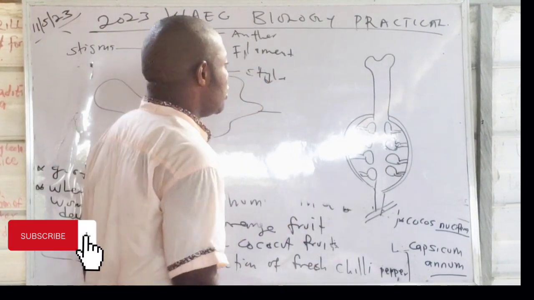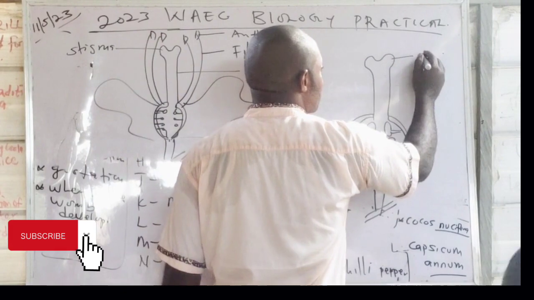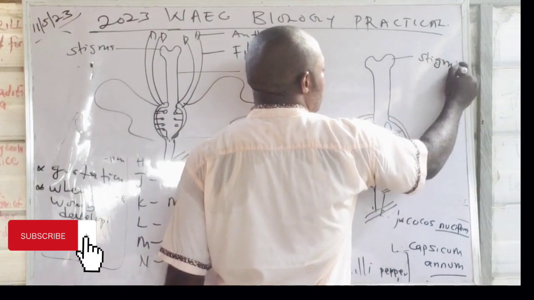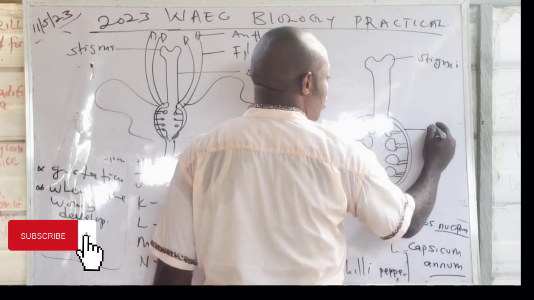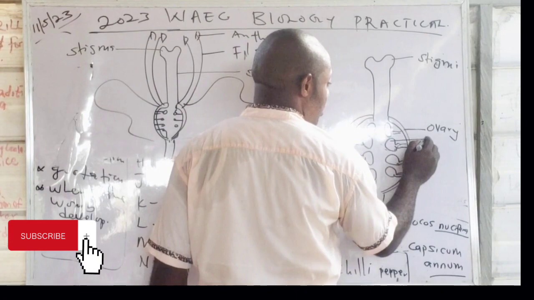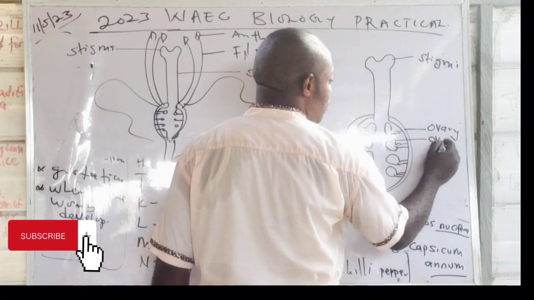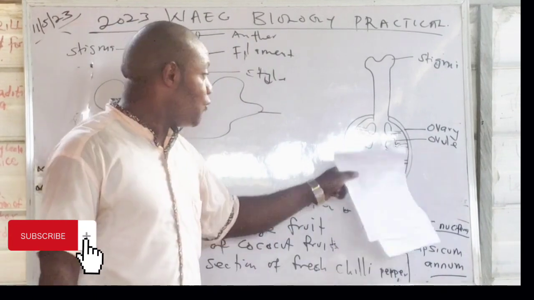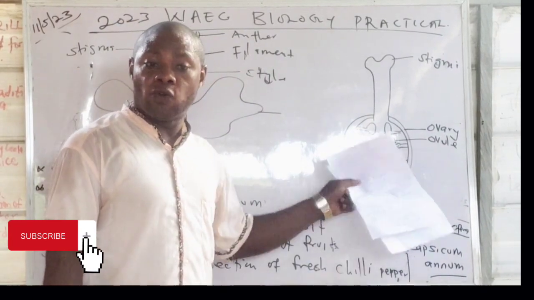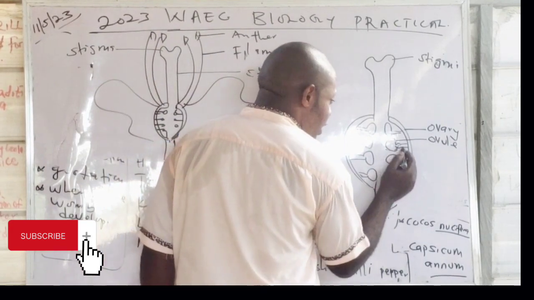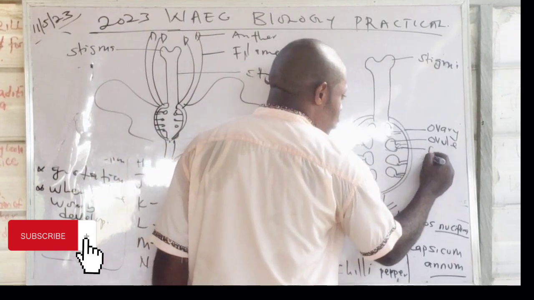All you need to do is show the stigma. Inside will be what? Ovule. Remember after fertilization that I taught you the other day, the ovule becomes the seed. And the ovary becomes the fruit. Now, in this particular area there is a junction we now call the follicle.